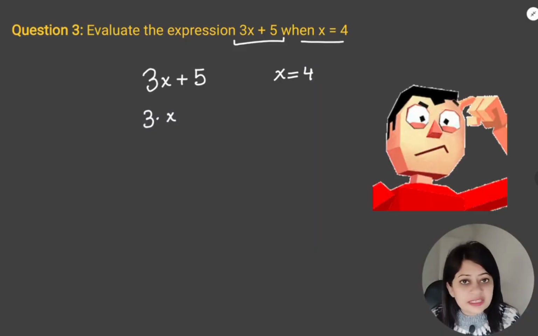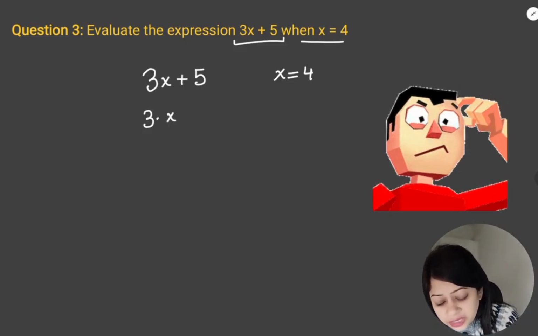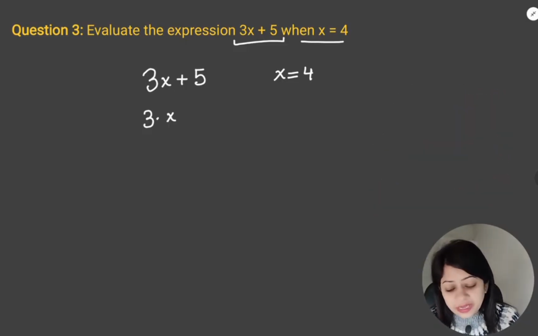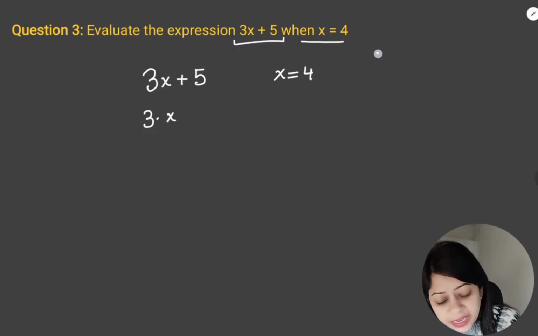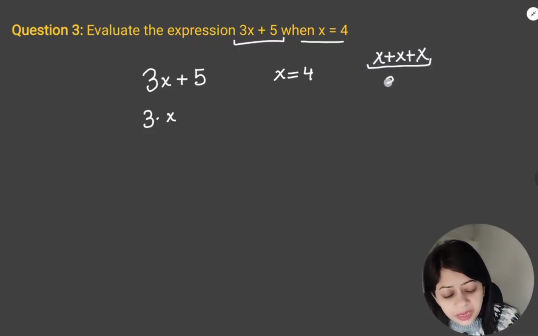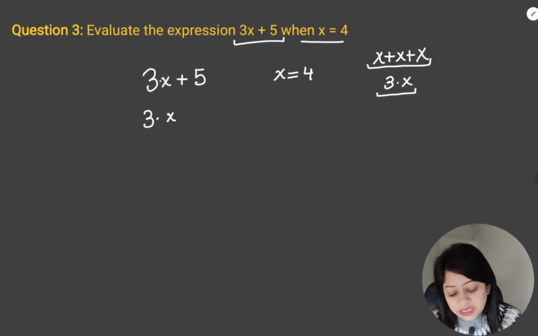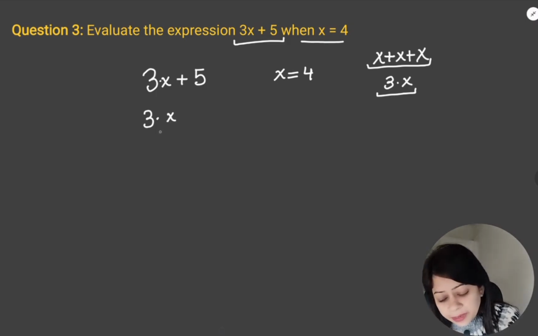Whenever I teach this in school, students generally ask what the meaning of 3x is. 3x means you added x 3 times, or you can say 3 multiply x. When you don't see any operation in between, you say it's multiplication. So 3 multiply x plus 5, and x is 4, so 3 multiply 4 plus 5.